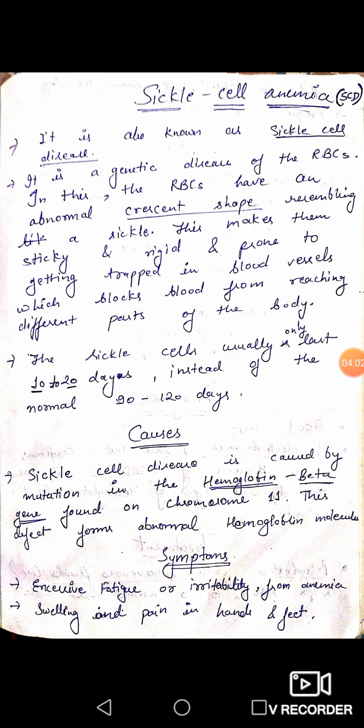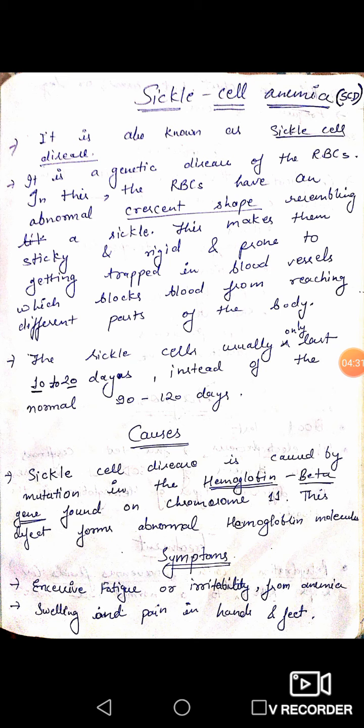Next, there are some symptoms of sickle cell anemia. Excessive fatigue, as I have told you in an earlier video, means tiredness or irritability from anemia. Next, swelling and pain in hands and feet.